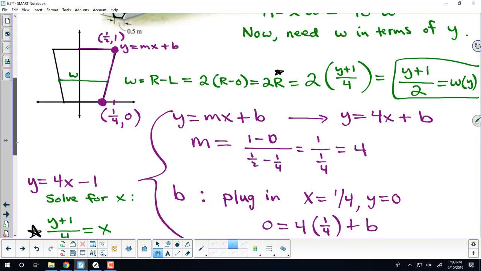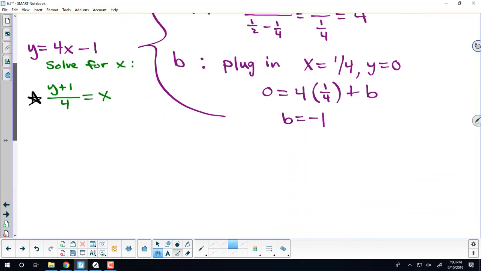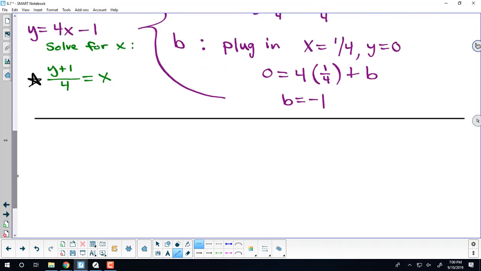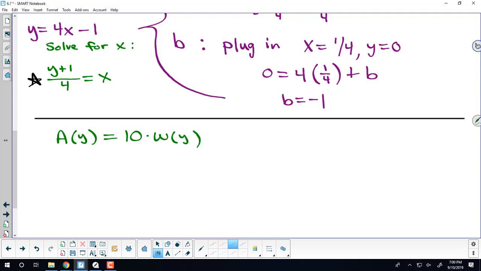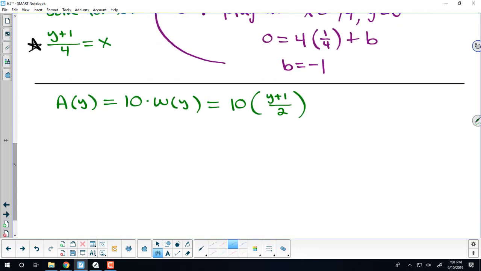Okay. All right, so then we need to integrate the area function, which was 10 times W. So our area function in terms of y was 10 times the w of y, which is 10 times y plus 1 over 2.